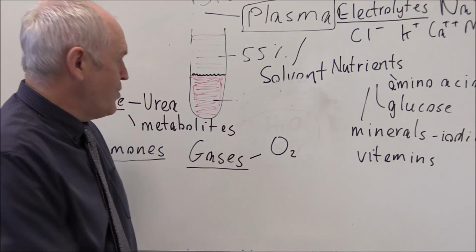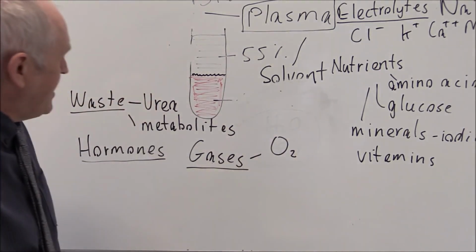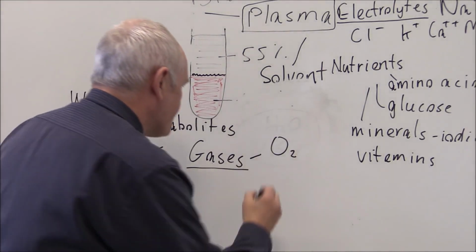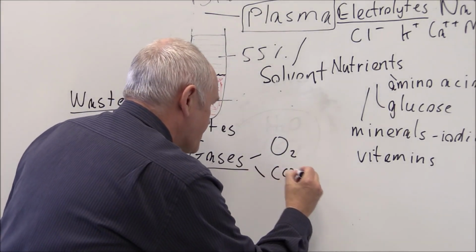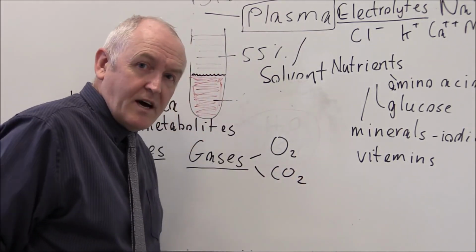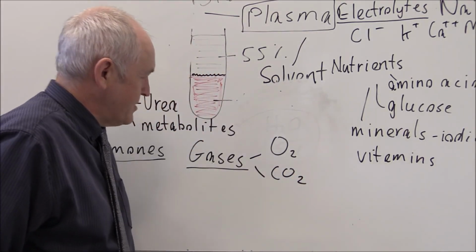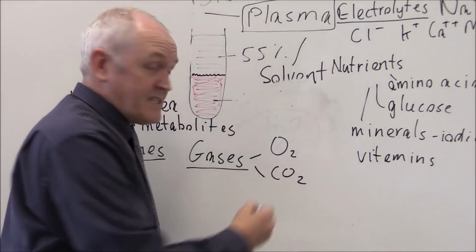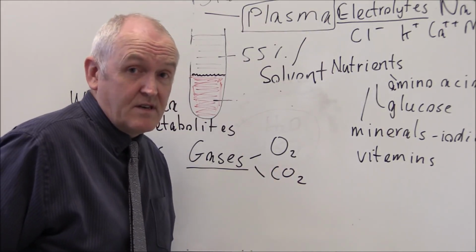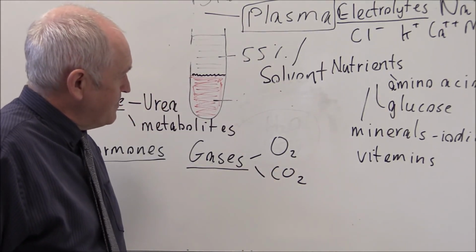But a small amount will be transported in solution. And also there's going to be some carbon dioxide in solution in the blood, and some bicarbonate ions and small amounts of carbonic acid as well.